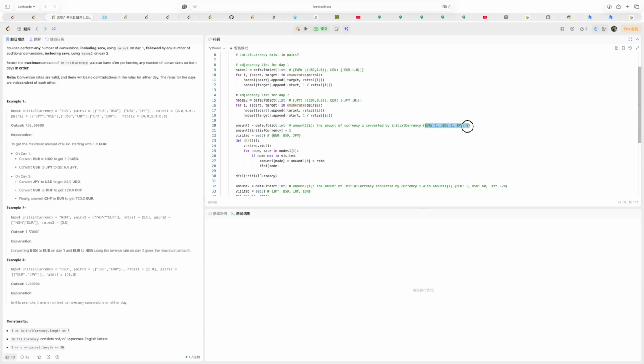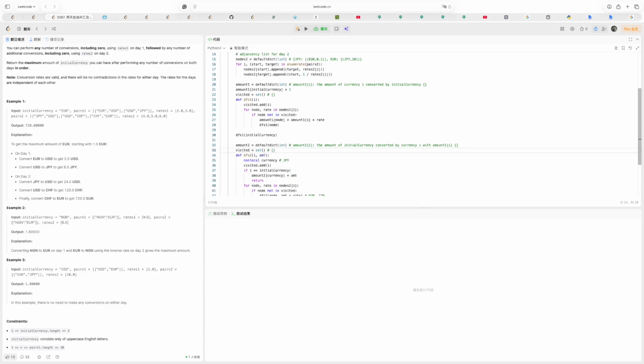Okay, so let's empty this. Initial currency is USD.